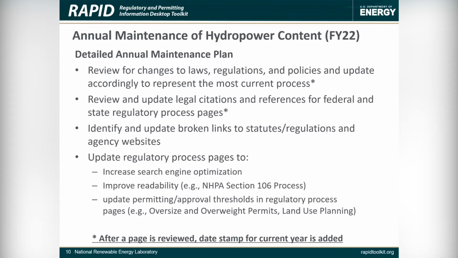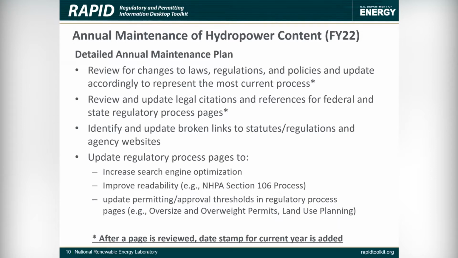When we update our regulatory process pages, particularly since our approach has evolved over the years, we try to increase search engine optimization that allows users to find relevant pages through Google or Bing or other search engine searches without having to directly search internally on the website.